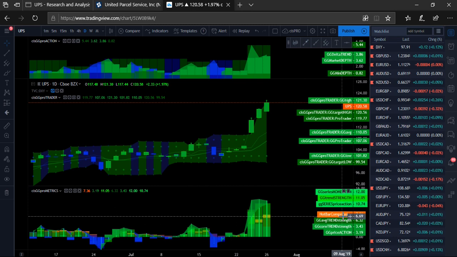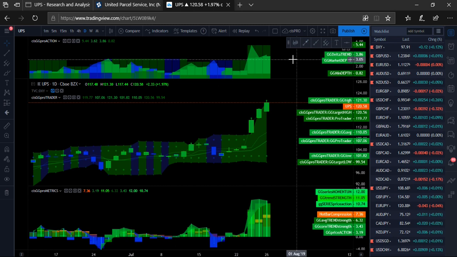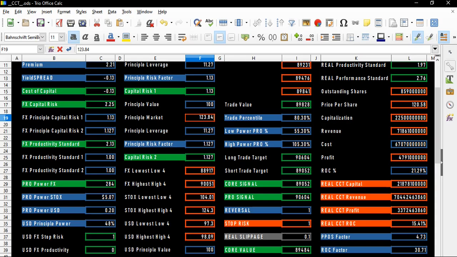Now, do you think with a max depth of $5.44, that UPS is going to move $7.36 to the upside? Our CIS CCT Pro Calculator says it's not going to move much more than 5.07. That's where the pro power is in the stocks.